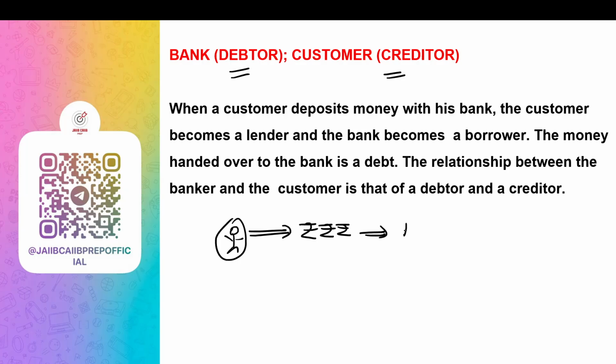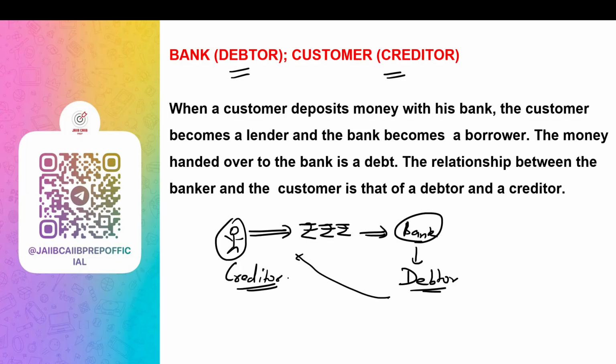Bank becomes the debtor because the bank has an obligation to repay your money and you became the creditor. In simple terms, you have done nothing but lend your money to the bank.